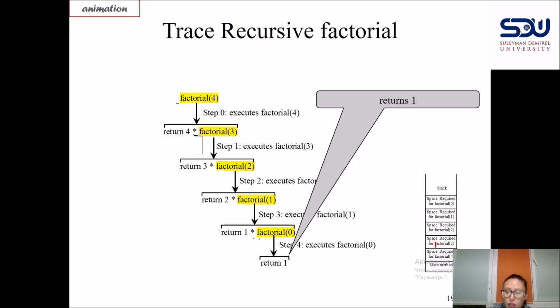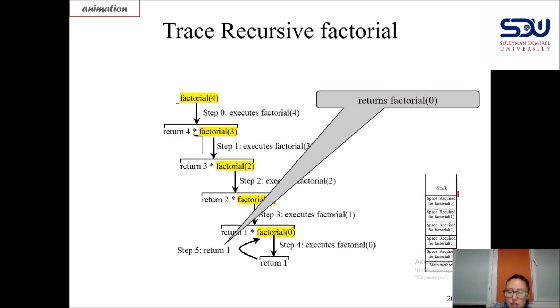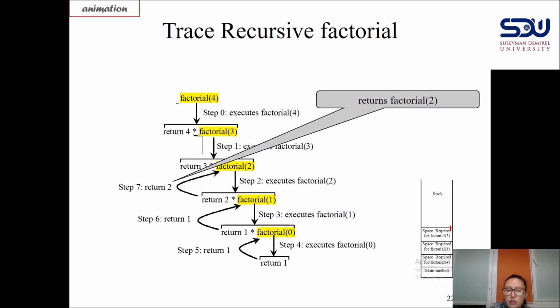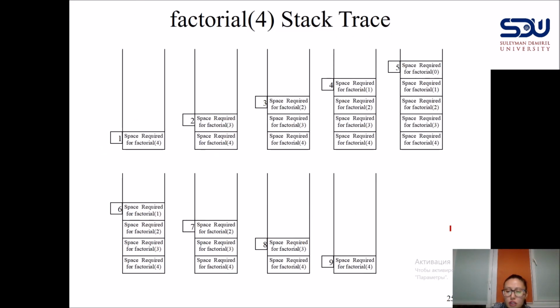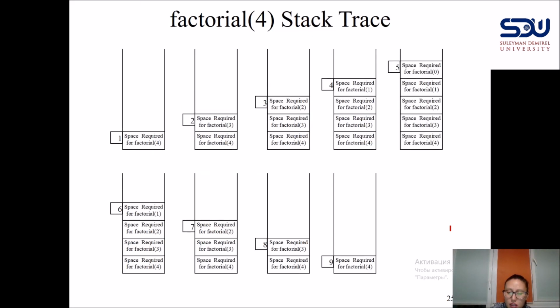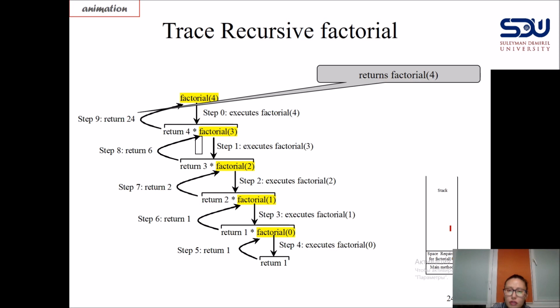So factorial 0 is the base. After it we start returning the values of our methods, so first we take away factorial 0, and then factorial 1, 2, 3, 4, and at the end we take off the main method. This is how recursive functions work and how we can see the stack trace of this recursive method.